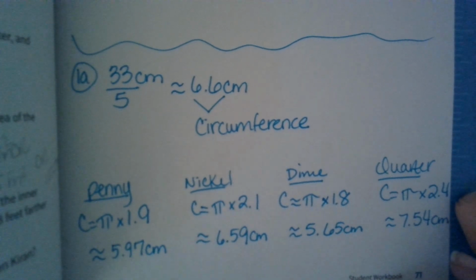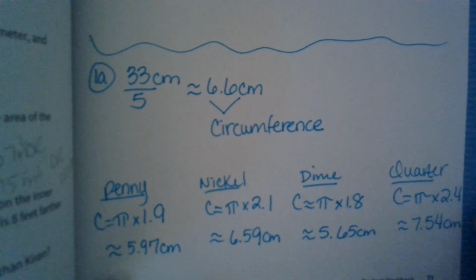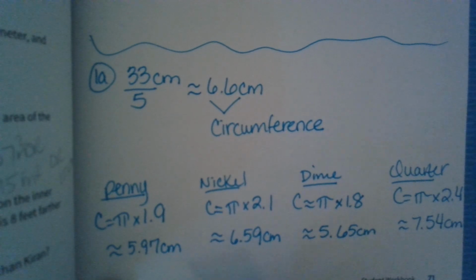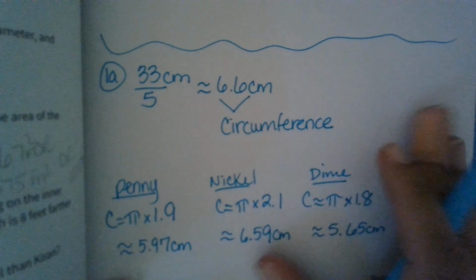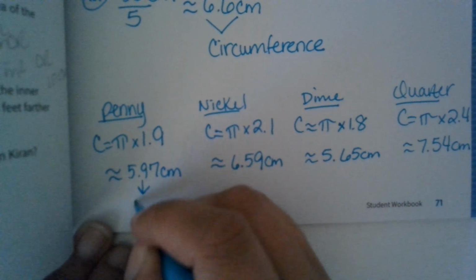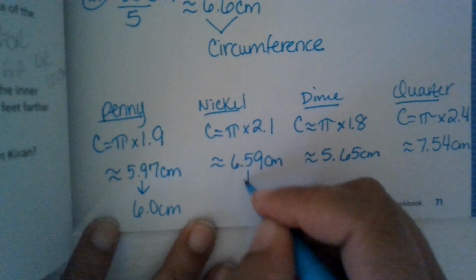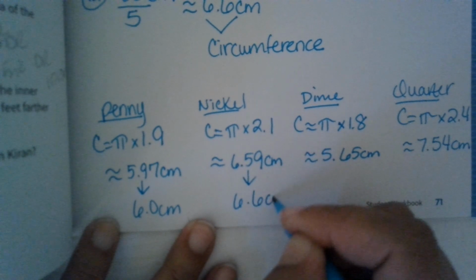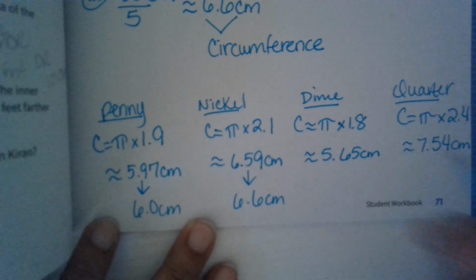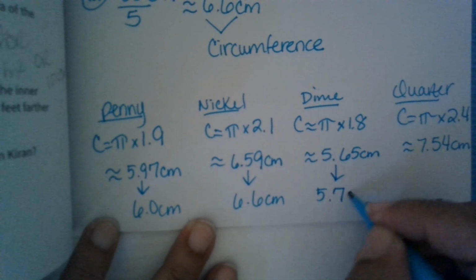Now, you need to compare which one got us really close, or if I was to round these to 1 decimal. Let's round them all to 1 decimal to see if I can get 6.6. If I round this to 1 decimal, you get 6.0. If I round this decimal, you get 6.6. If you round this decimal, you get 5.7.